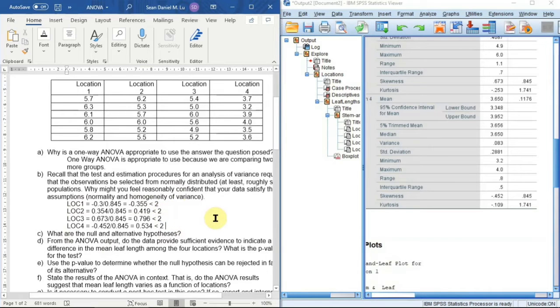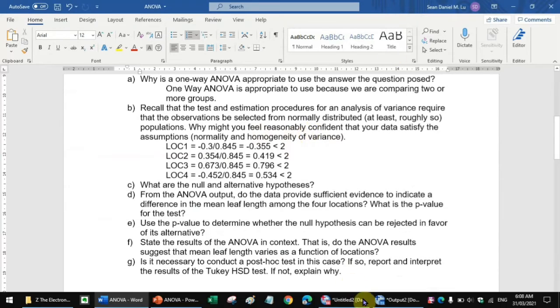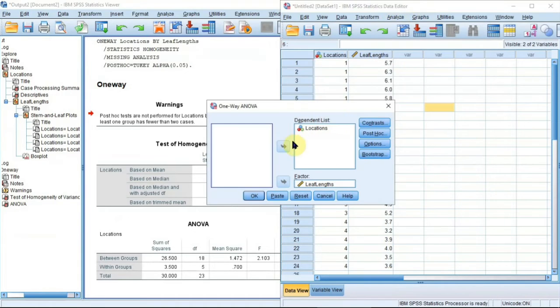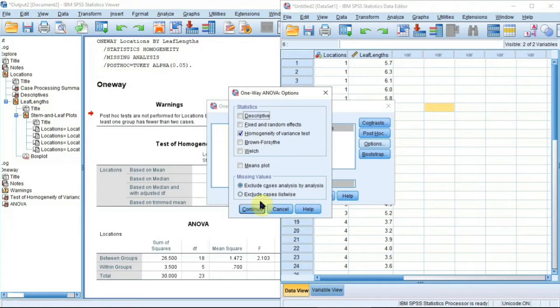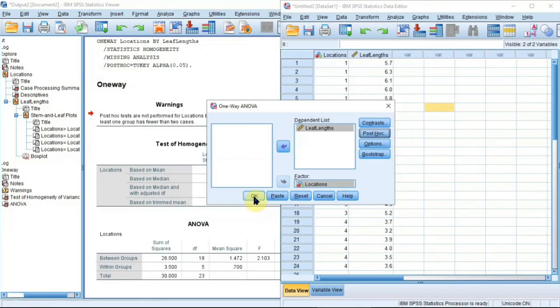How about the homogeneity of variance? Now let's compute the homogeneity of variance using Levene's test. Analyze, Compare Means, One-Way ANOVA. Make sure the locations are in the factor list and leaf lengths in the dependent list. Options, homogeneity, post-hoc, Tukey, hit OK.